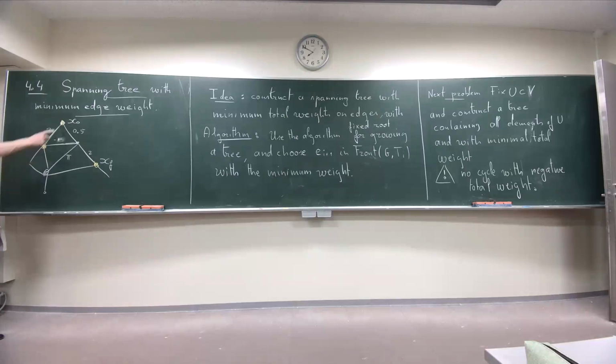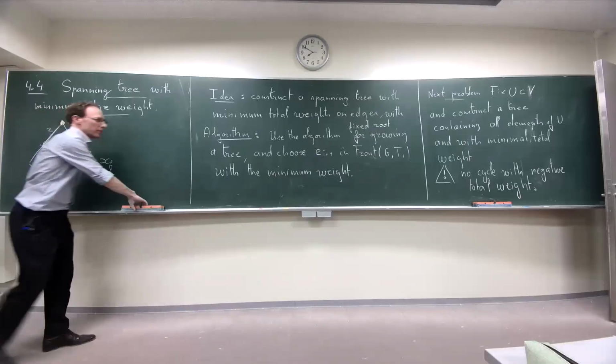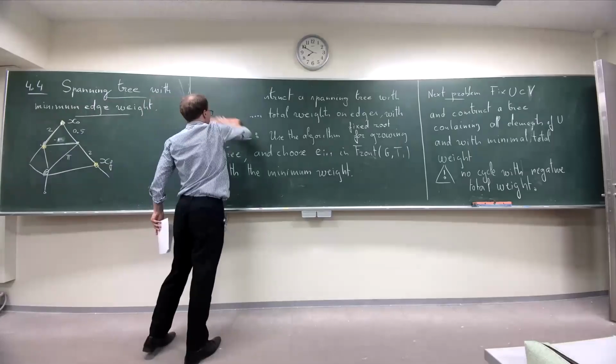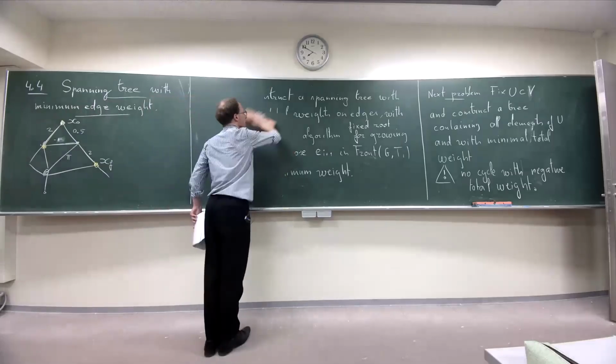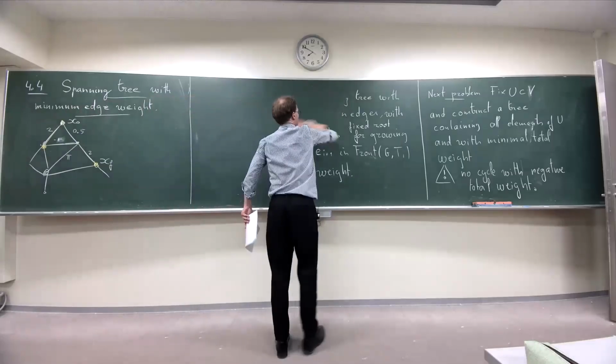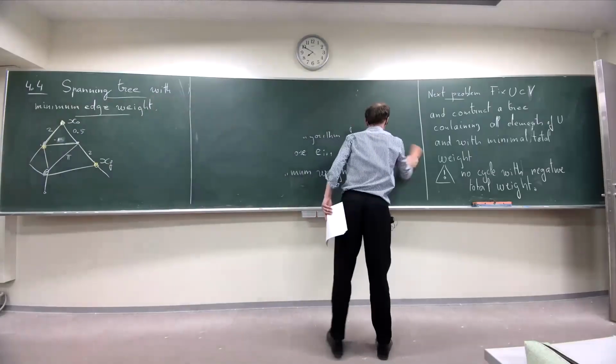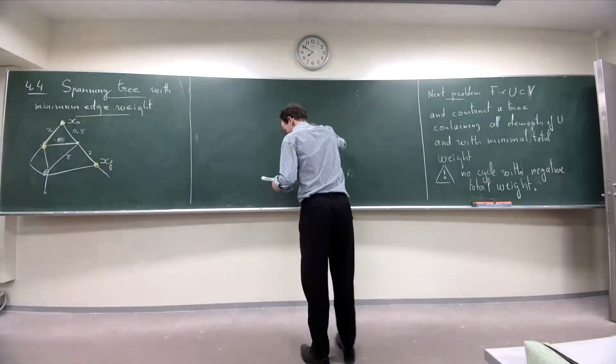So now what I'm looking for is a path from x0 to xf with a minimal total weight, because I only need to go through 2 specific vertices.